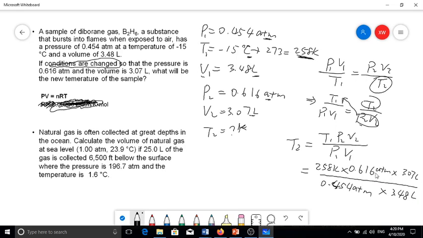So you can see atm and atm cancel, liters cancel. You're going to have Kelvin only, and you still need to count the number of sig figs of all of these numbers. You have 3 or 4 of them, so you can have 3 sig figs for your answer, 309 Kelvin. So this is the first problem. You can pause here and try the second problem.